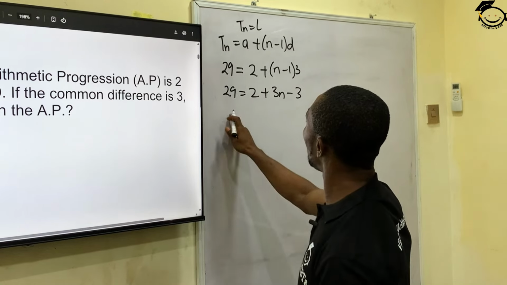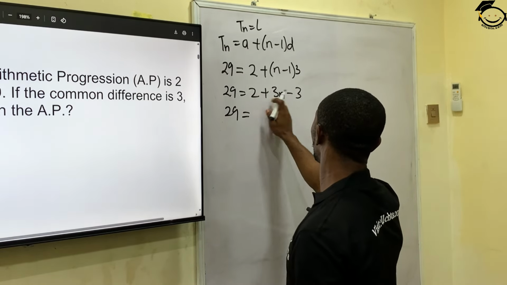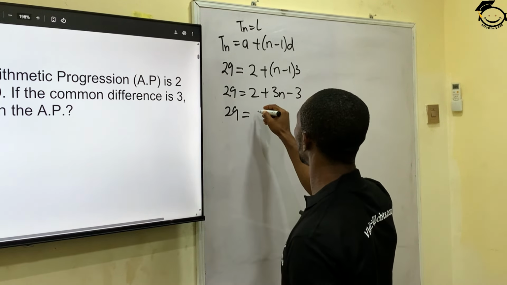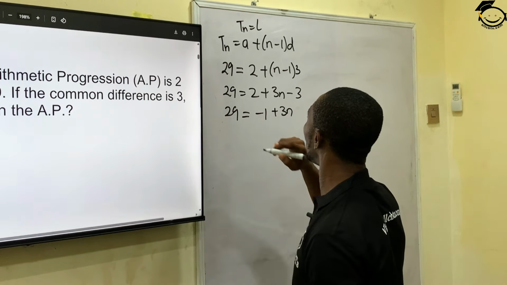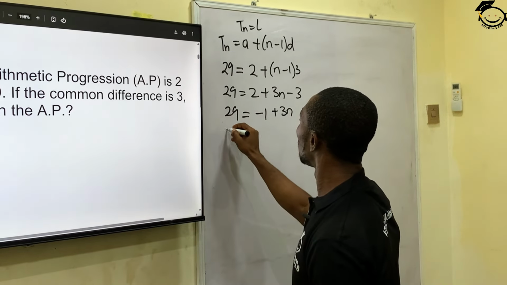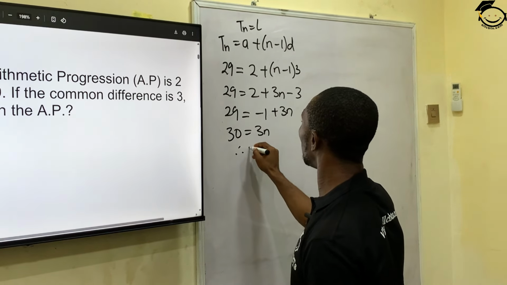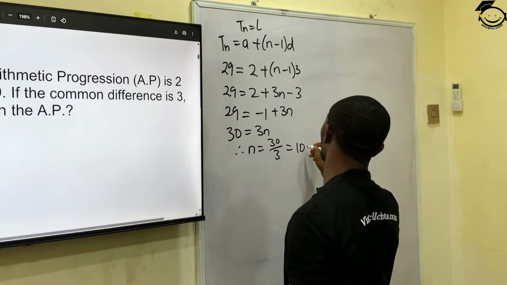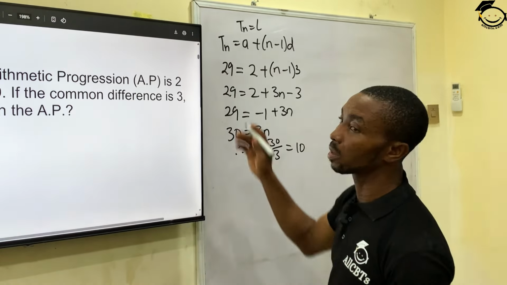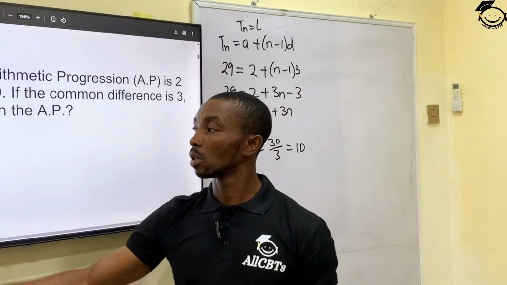Now, having this becomes 29 equals 2 minus 3, which will give us minus 1 plus 3n. So this will become 30 equals 3n. So therefore, n equals 30 over 3, which will give us 10. So in our sequence, there are 10 terms, which is option C.